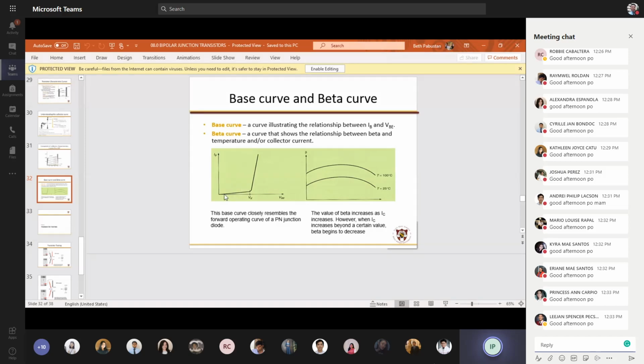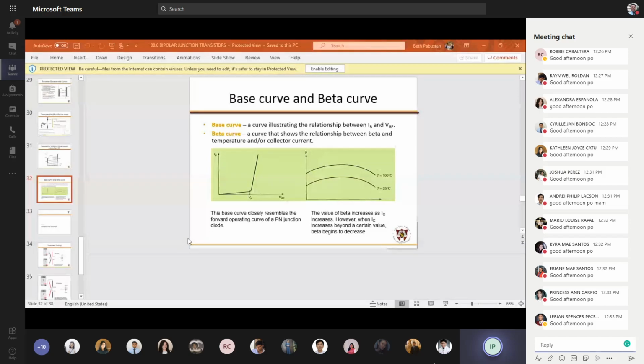If you will notice, for the base curve, it looks like the curve for your PN diode, if you still remember that. So this is your VK, the knee voltage, which is 0.7 volt. This is VBE versus IB.